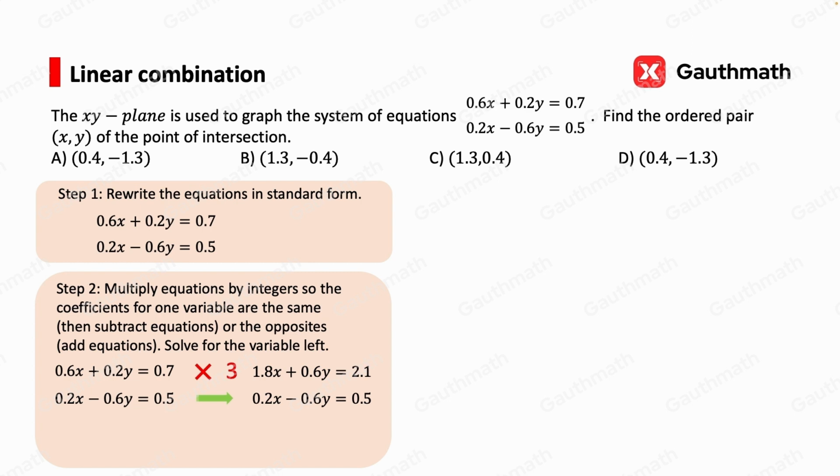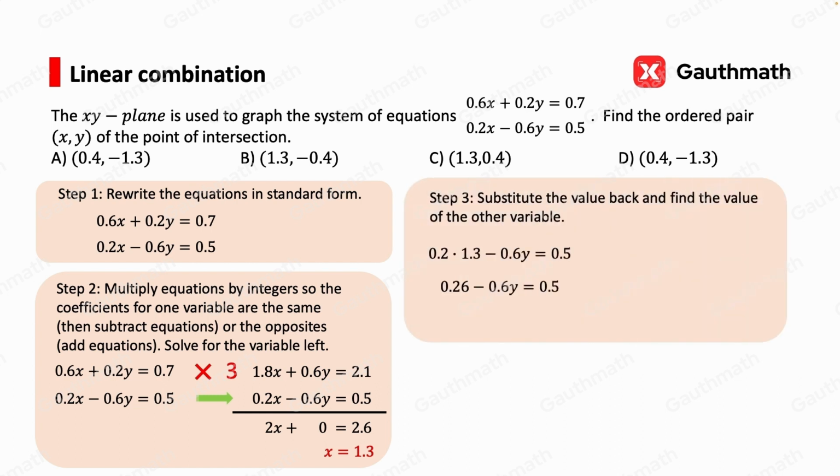They are opposites. So we're going to add these two equations up. So positive 0.6y plus negative 0.6y, there's no y left, only x left. Then 2x equals 2.6, so x equals 1.3. We can see y is eliminated by this method.